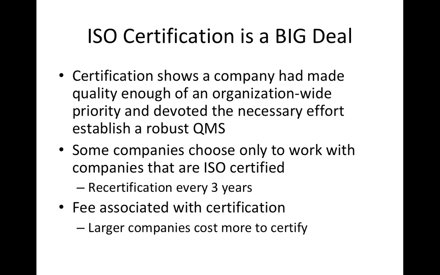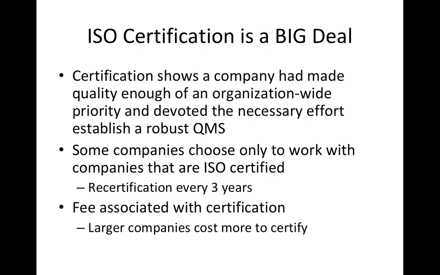And this isn't just in terms of consumer products that we buy, like drugs and medical devices. This could be anything. It could just be the plastic that medical device companies buy. If I am ISO certified in production of this plastic for medical devices, companies will come to me and say, you know what, you're ISO certified, I can trust that you're going to produce a consistent plastic and produce it well.